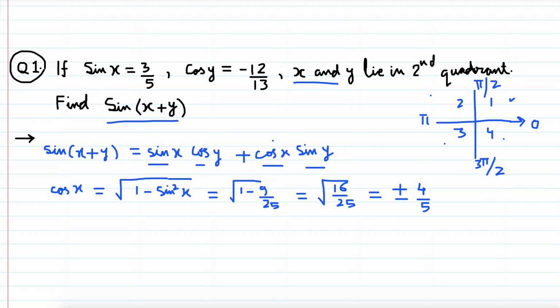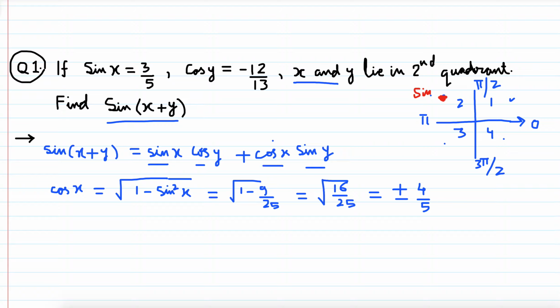But we are told x and y lie in second quadrant here. So the values we have to see in this quadrant. So here sine is positive, cos is negative. So this cos has to be negative.